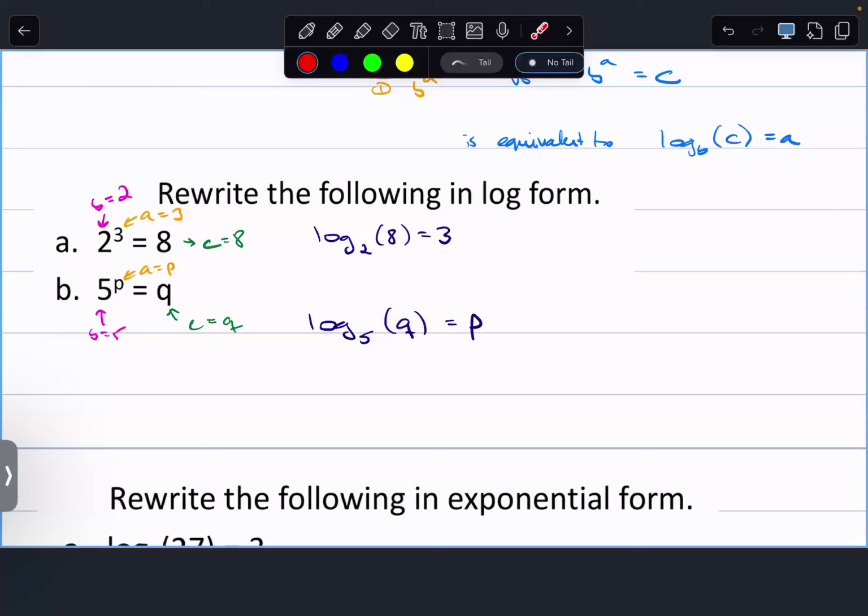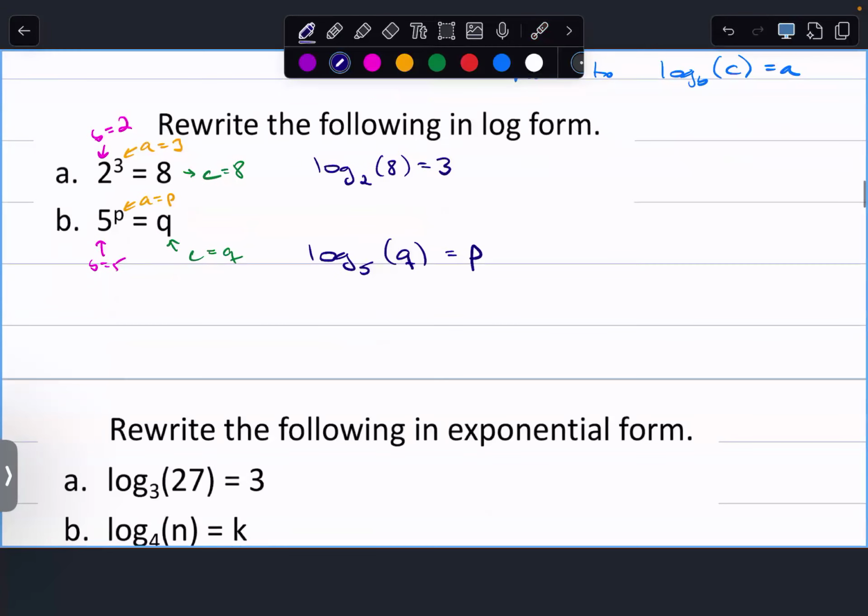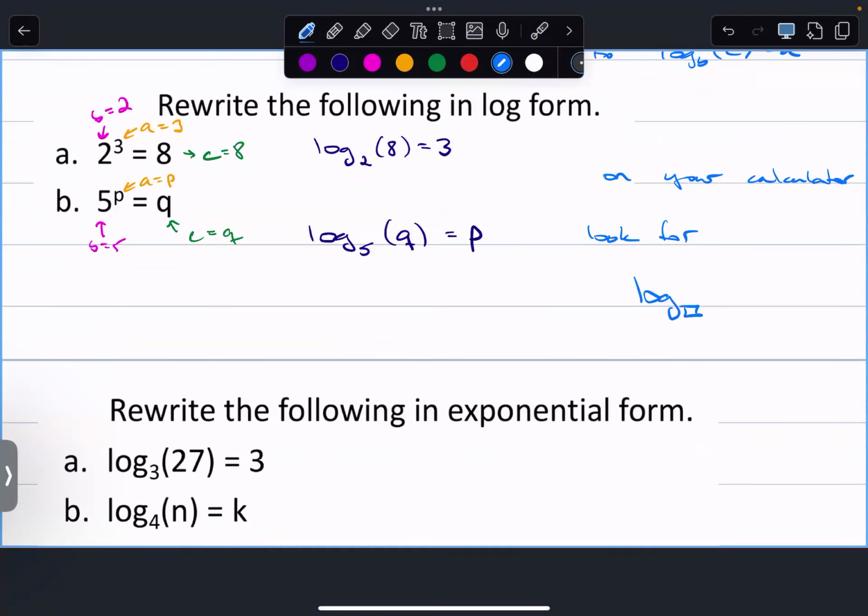On your fancy calculators, you do have a log empty base button, so you are able to calculate the log of any base. On your calculator, look for it, it's going to look like log of an empty base, empty entry button.